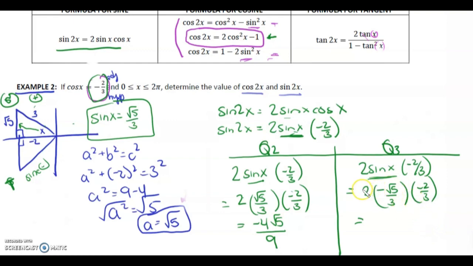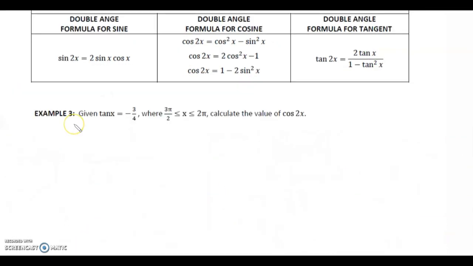And the same thing, multiply all the numerators. So I get positive 2 root 5, 4 root 5, my mistake, over 9. So two solutions.